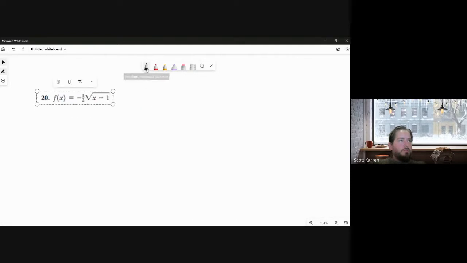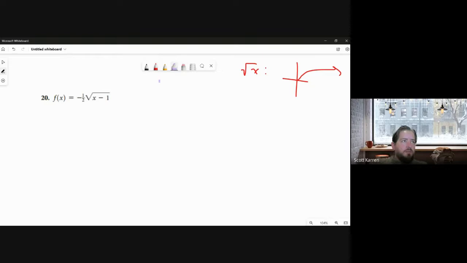So the underlying function here is the square root, and so we know that the square root of x looks like this-ish, right? And then I just need to know what's happening. This -1 on the inside here is a shift. Which direction is it?